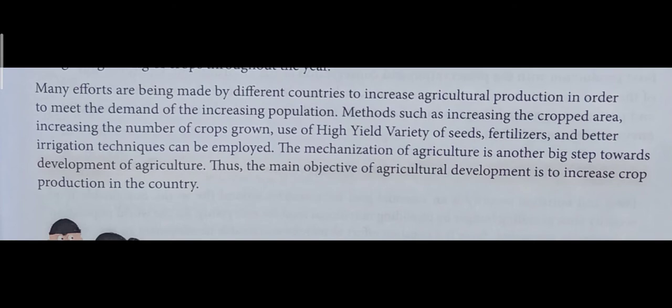Many efforts are being made by different countries and agronomists to increase agricultural production throughout the world. Thus, the main objective of agricultural development is to increase crop production in the country.